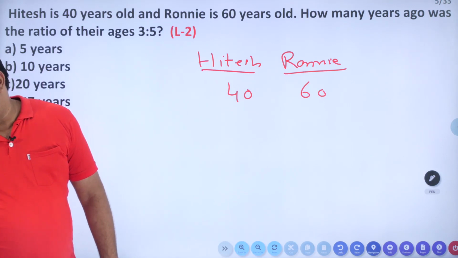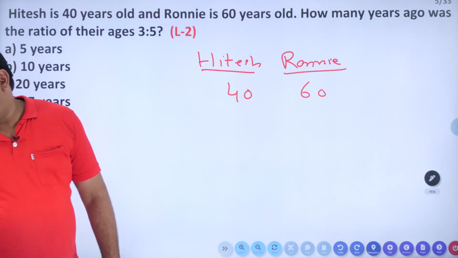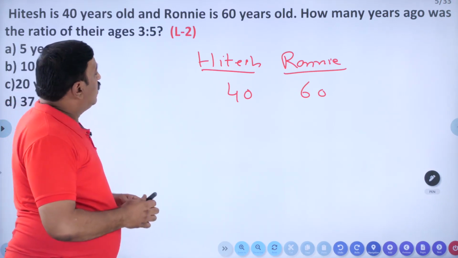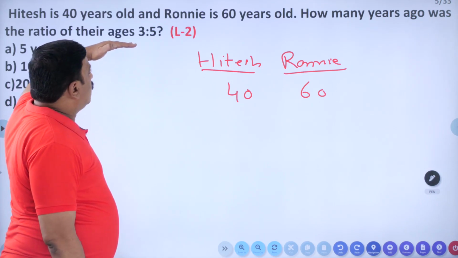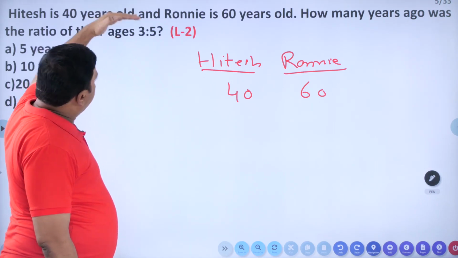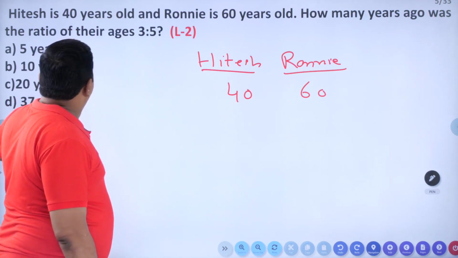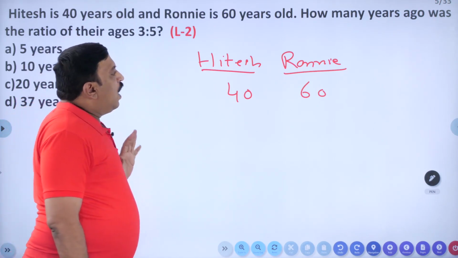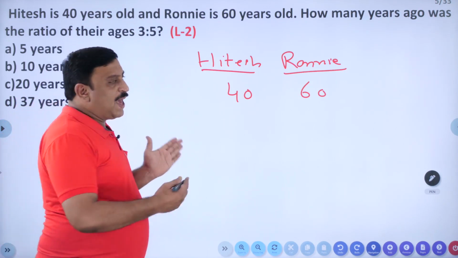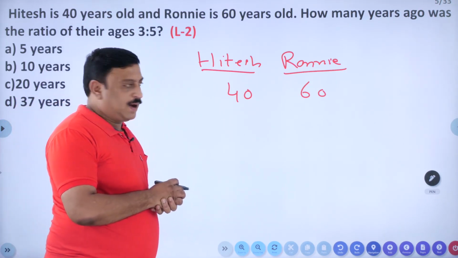The exact ages are not given, only one ratio is given. Definitely you can find it, but the problem is how to make this into a balanced thing, right? Let us see.